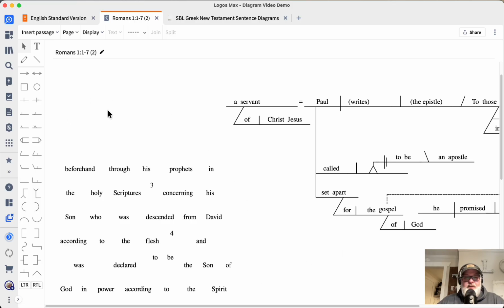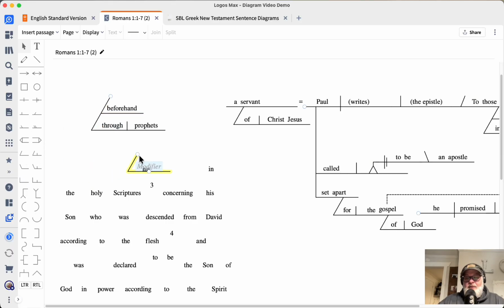And now we learn something else about this promise. He's promised us the gospel, and he's promised it to us in three separate ways. He's promised us the time when it was promised, which is beforehand. That tells us when. He promised it through his prophets, which tells us how. And of course, these are all adverb questions.